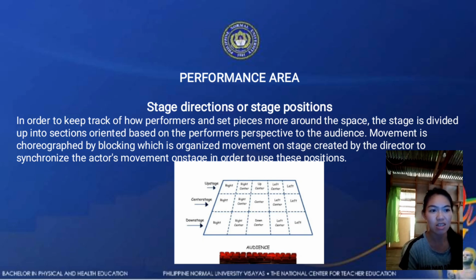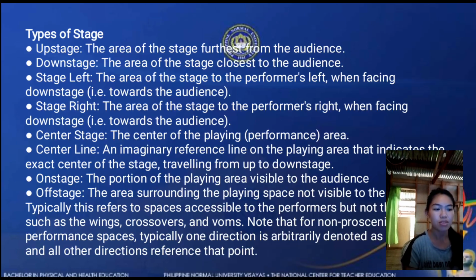Center stage is divided into right, right center, left center, and left. Lastly, we have the downstage, which is slightly close to the audience. It is divided into right, right center, down center, left center, and left.